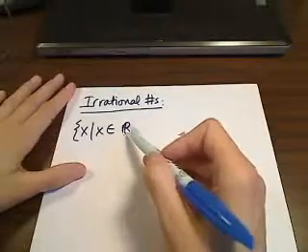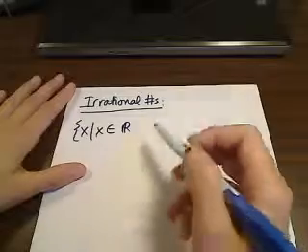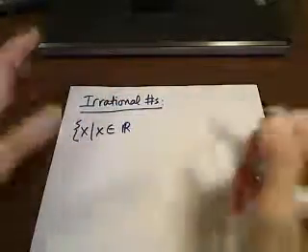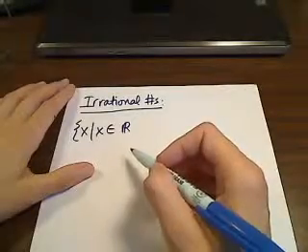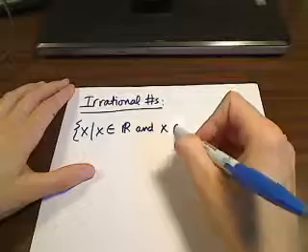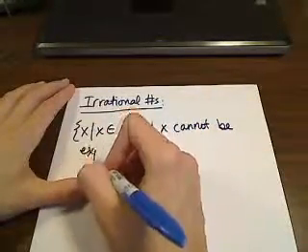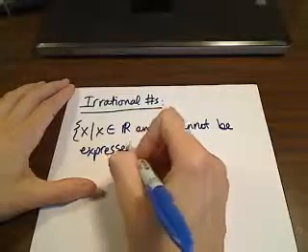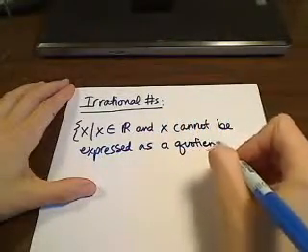When you see an R like that with a line down the middle, that means the real numbers. And the real numbers are basically all of this together. I'll draw you a picture here in a minute. So x such that x is an element of the reals, and x cannot be expressed as a quotient of integers.